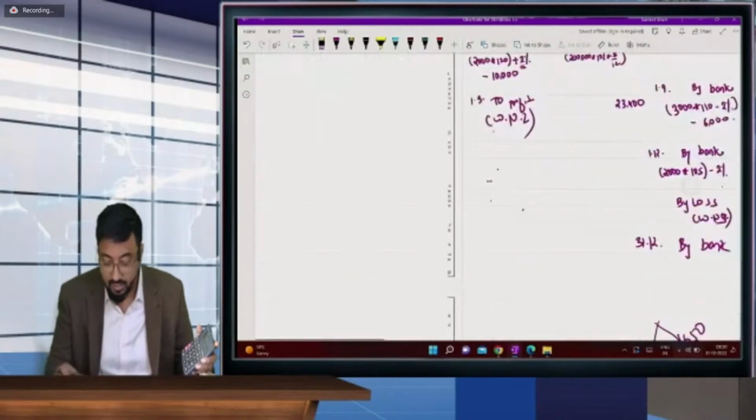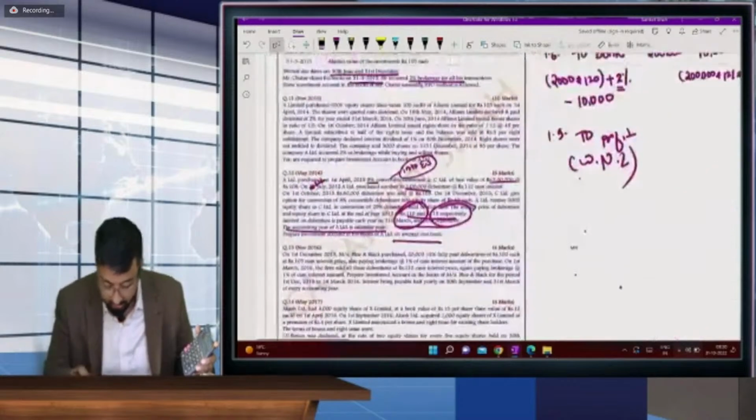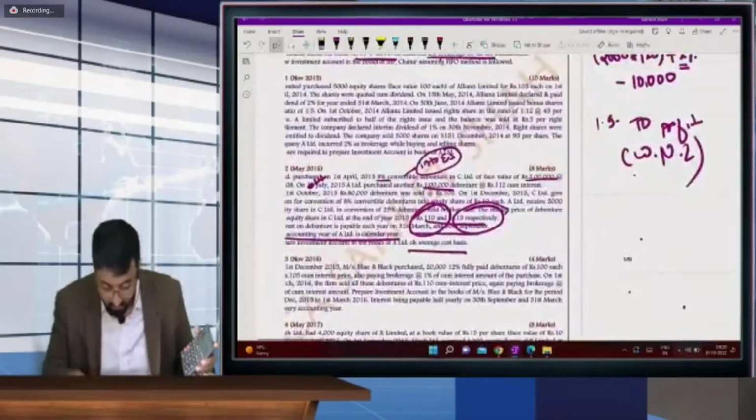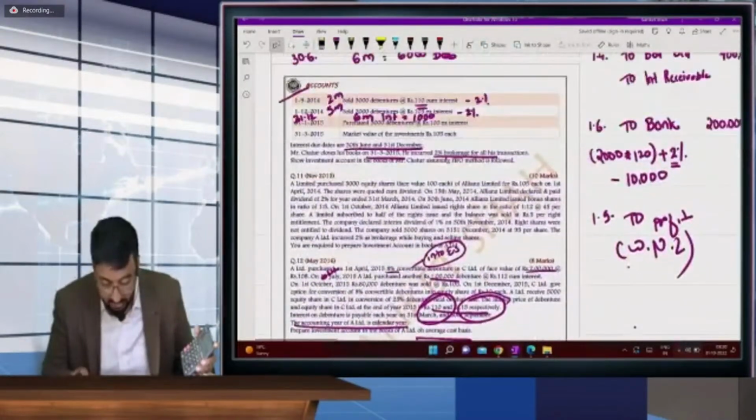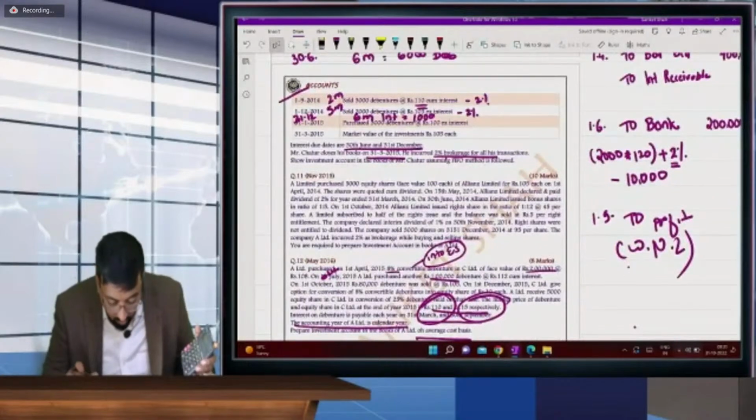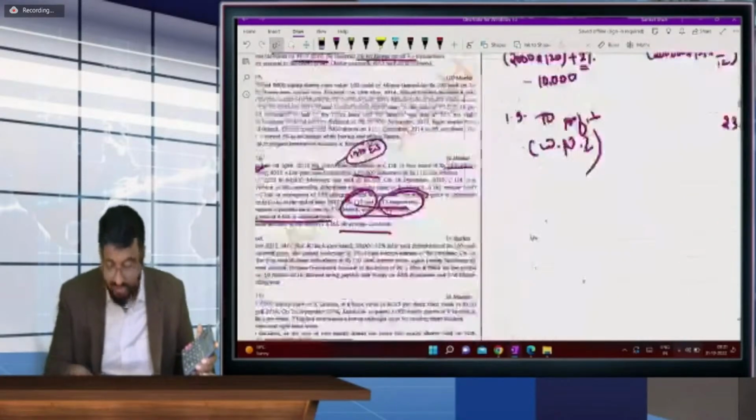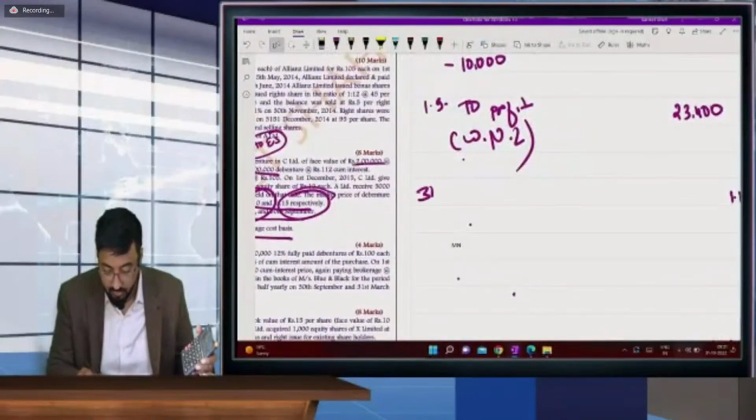Then again you bought some debentures on 31st Jan, paid to bank.